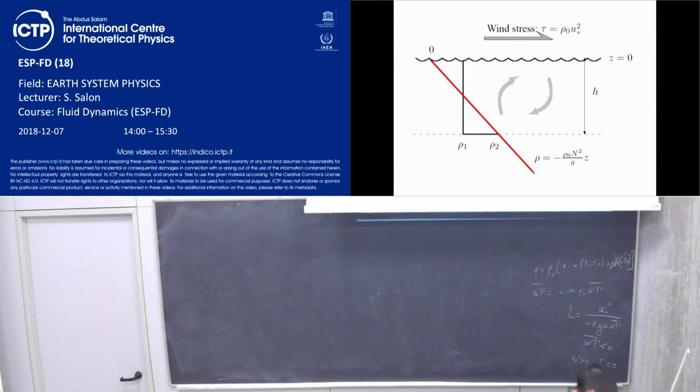But after the wind stress acts to erode this layer, we will obtain a layer which will have rho 1 as a constant density over the height h, and then for z deeper than h, we will still recover the initial density gradient.